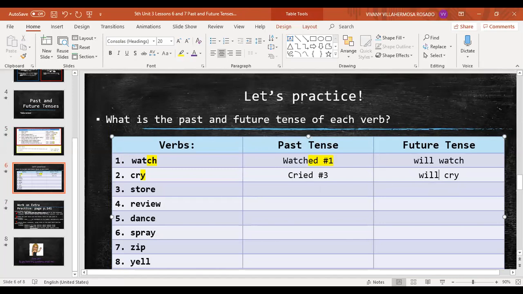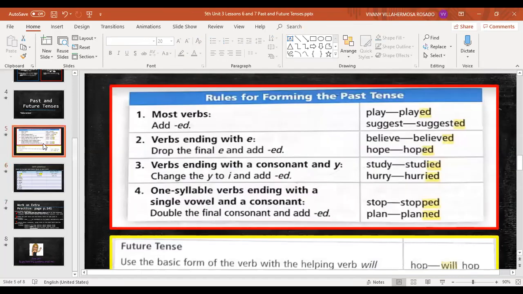So let's go to number 3. In number 3, we look at the word store. Capital letters are driving me crazy. I'm just fixing them. Okay. So we look at number 3, and immediately you notice that store is a verb that ends with E. So you go back to the rules, and is there a rule that talks about verbs ending with E? There's actually one. So there's rule number 2 that says verbs ending with E, drop the final E and add ED.